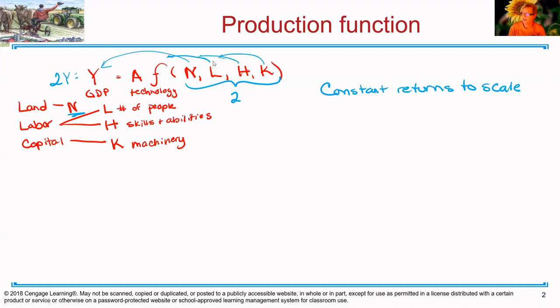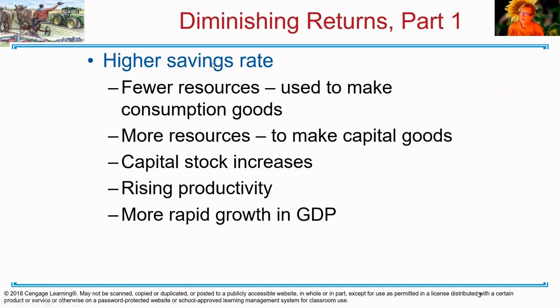Okay. Now, let's talk about this law of diminishing returns. Basically, the law of diminishing returns says if we increase savings, because here we have a higher savings rate, then we're going to be able to spend less, because the two things you could do with your money are spend it or save it. So we're going to decrease spending.